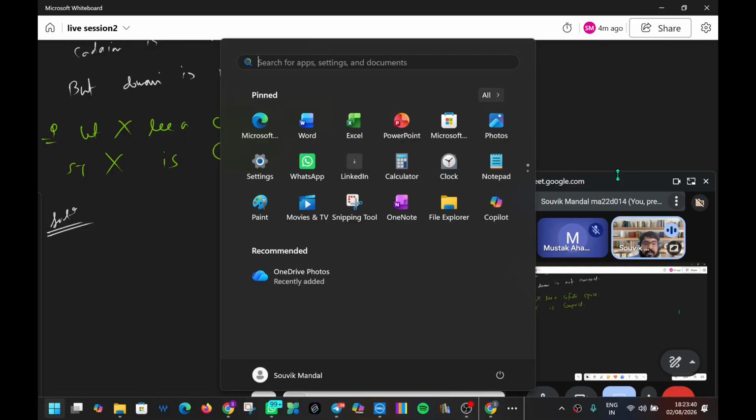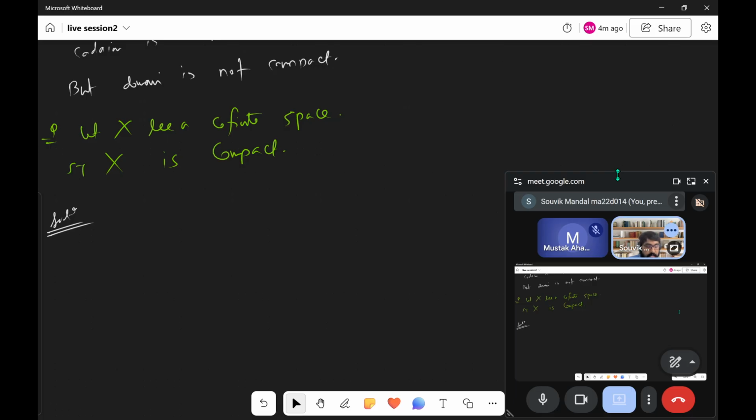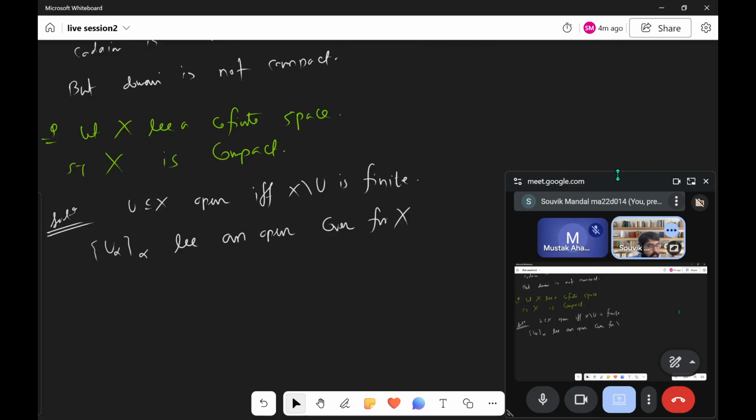See, since x is cofinite, that is, u subset of x is open if and only if x minus u is finite. Okay, so let u alpha be an open cover for x.